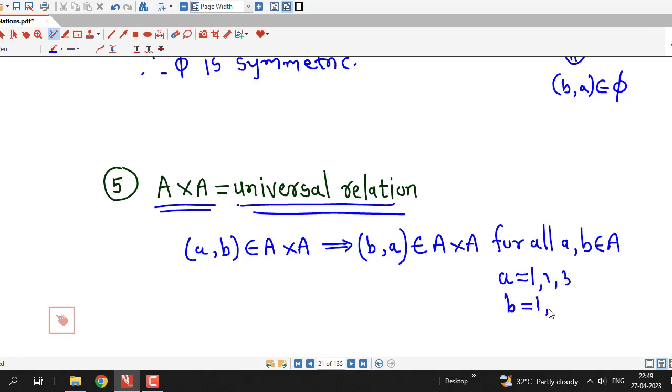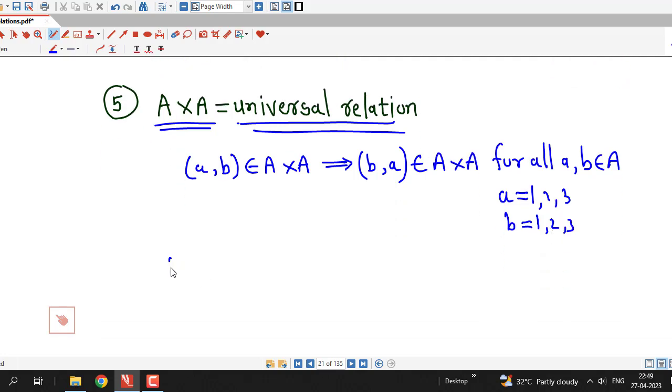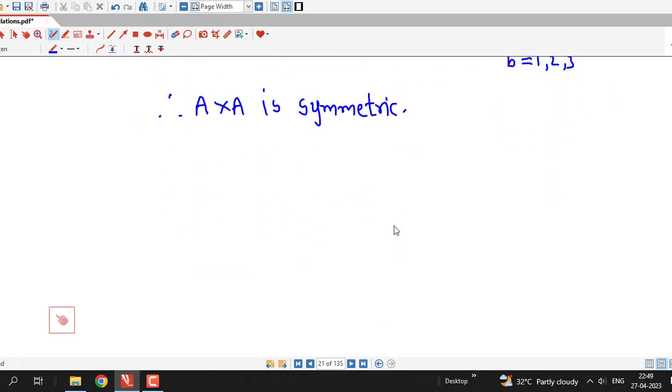Similarly, b can also take the values 1, 2, 3. So the universal relation A cross A is always symmetric. Empty and universal relations are always symmetric relations.